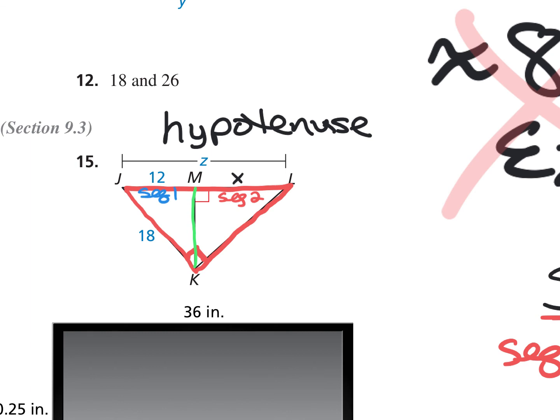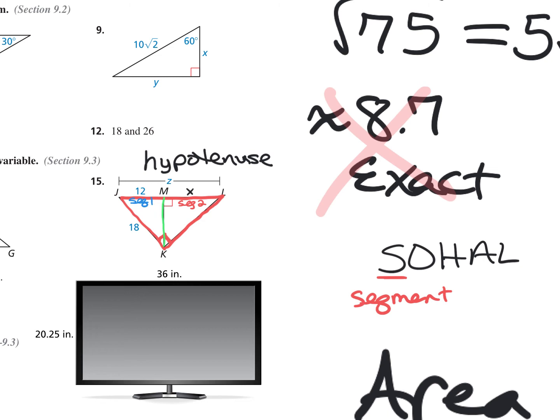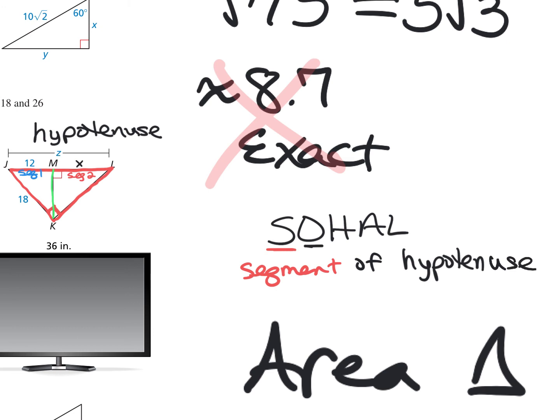So I'm splitting the hypotenuse of the original right triangle into 2 pieces called 2 segments. Segment 1, segment 2. So in my SOHAL, I'm taking this segment, the piece of the hypotenuse, and then the A is the word adjacent, and adjacent means next to.